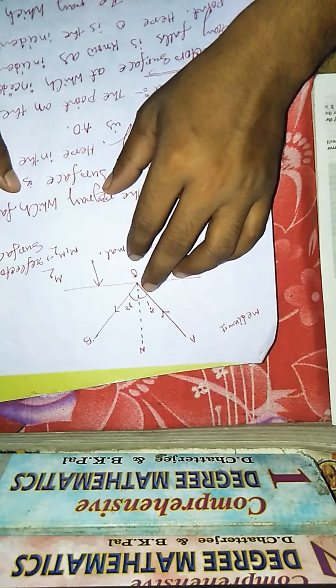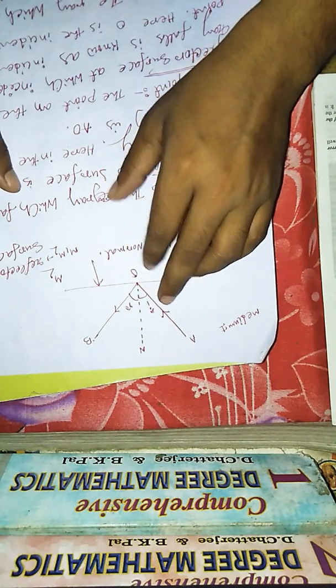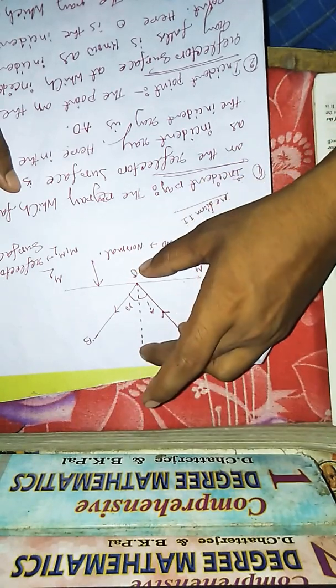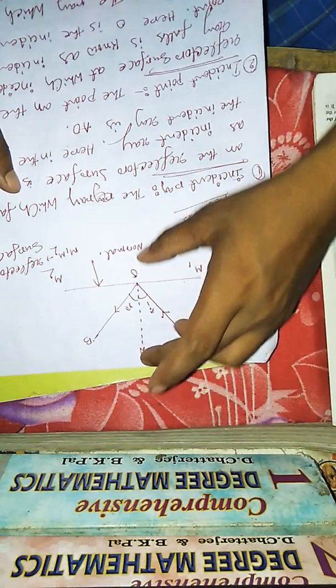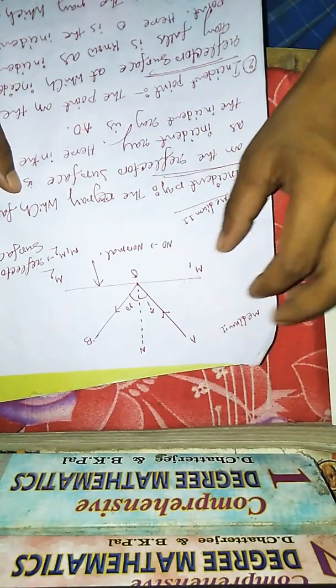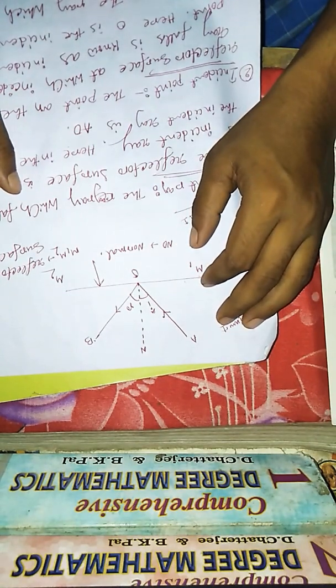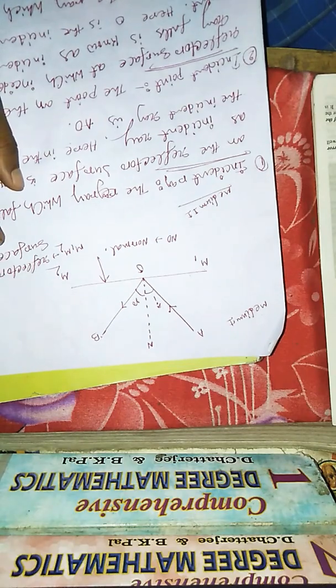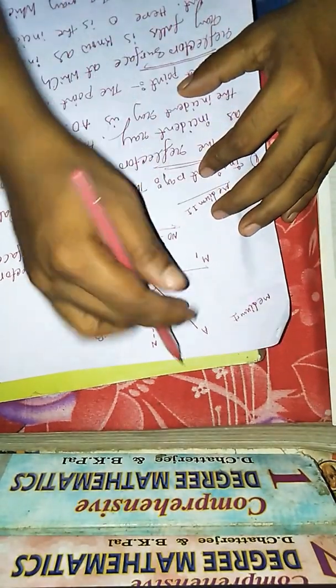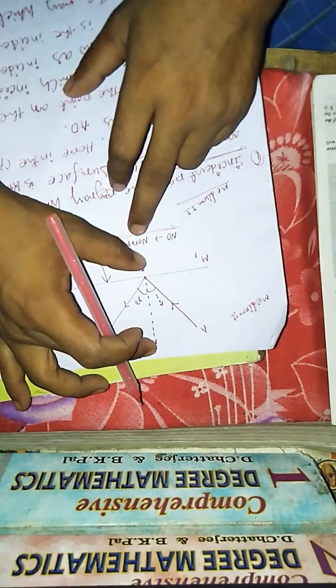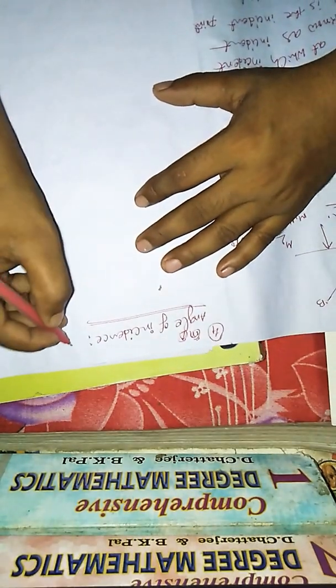Here an angle is made between the incident ray AO and the normal NO. Okay, so the angle of incidence is the angle between the incident ray AO and the normal NO.